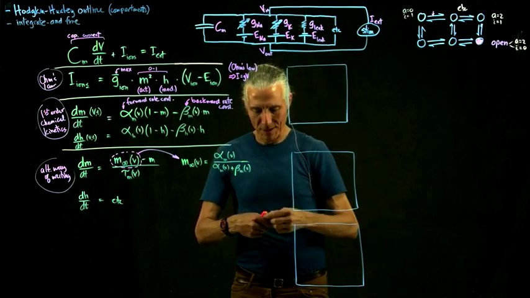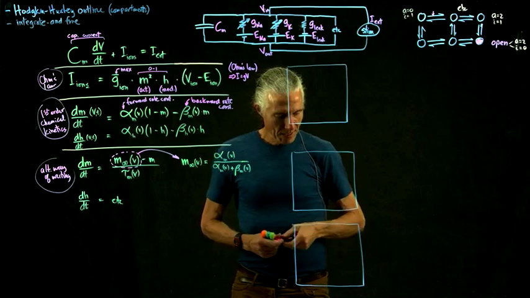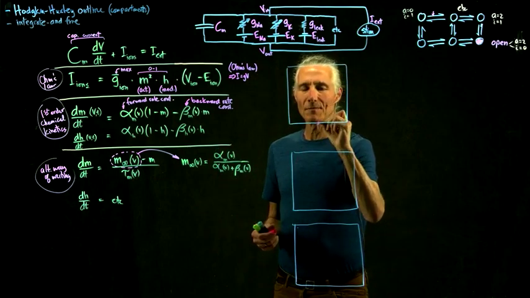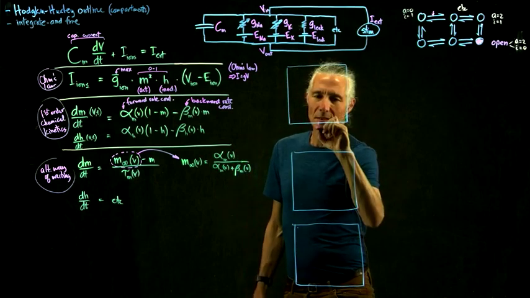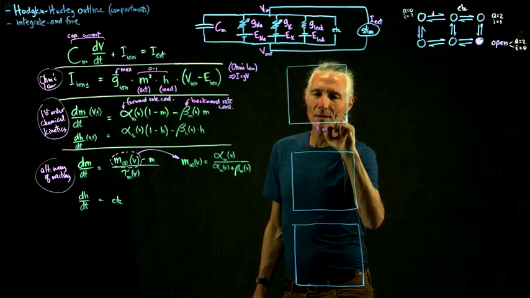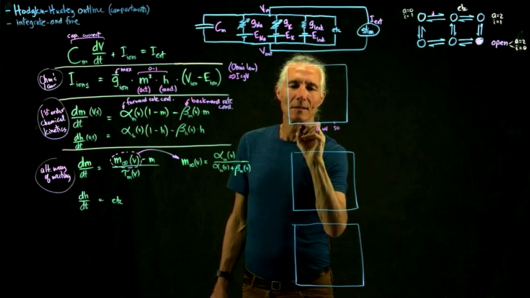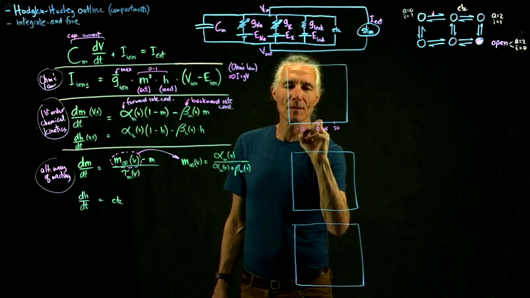So what do those graphs look like? These are graphs as a function of voltage. This is 0 millivolts here, say this is 50 millivolts, and here's minus 50 millivolts.